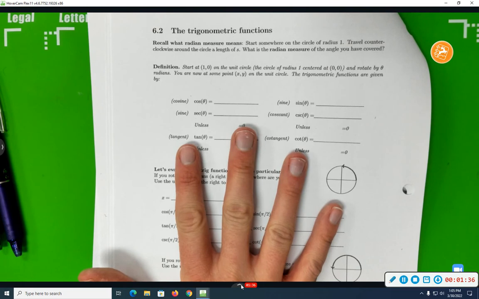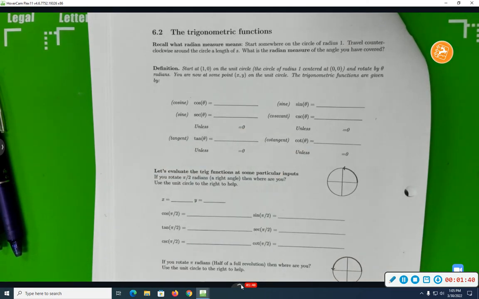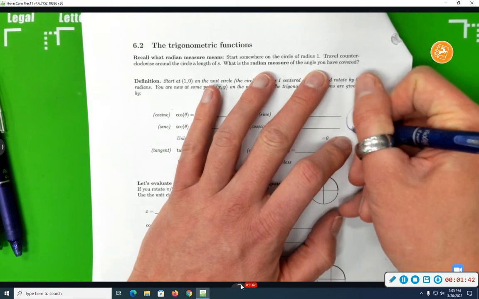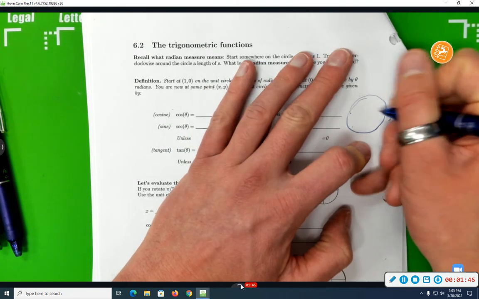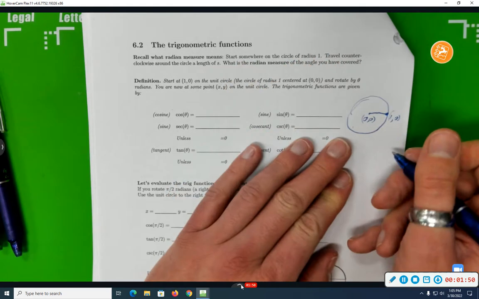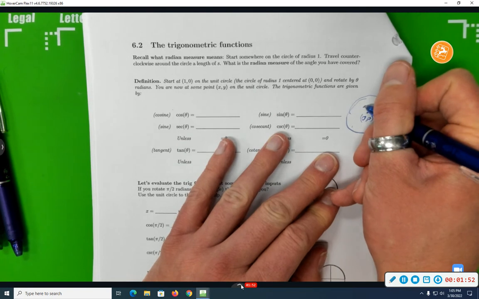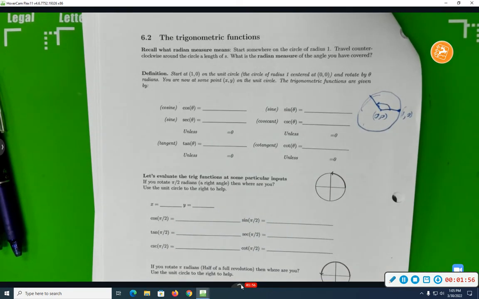Suppose you start at (1, 0) on the unit circle, a circle of radius 1 centered at 0. You rotate forward by some angle theta, usually measured in radians.